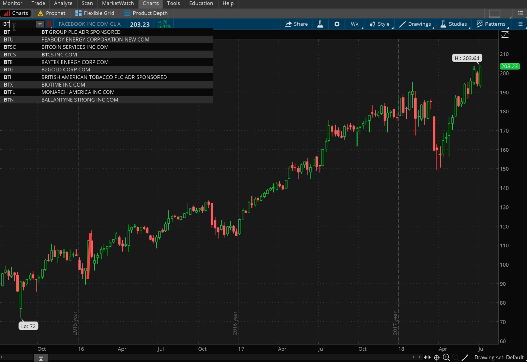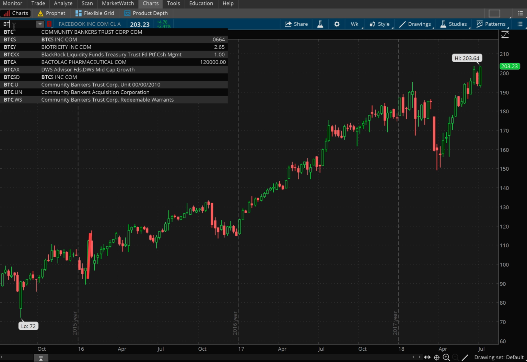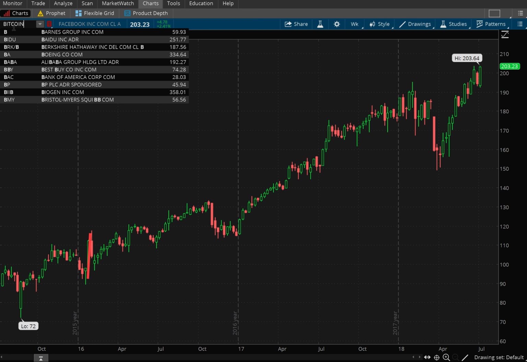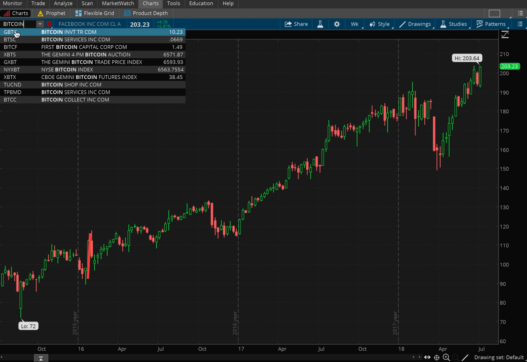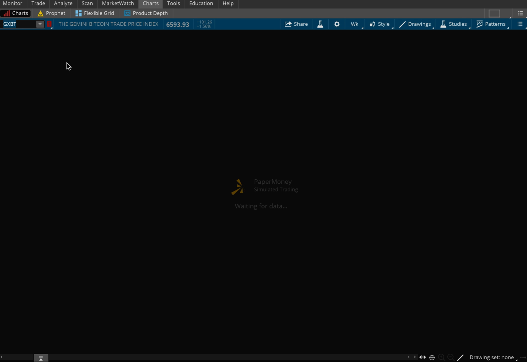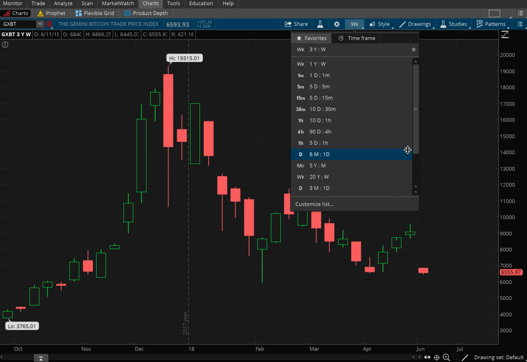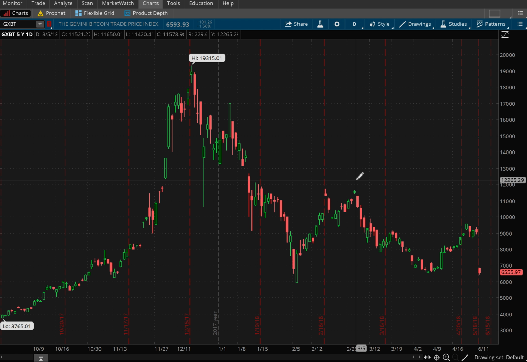Say we want to analyze Bitcoin. Let's see if it has Bitcoin. Bitcoin index, right? So let's say we do something like 5-year daily. Now, let's analyze this Bitcoin.